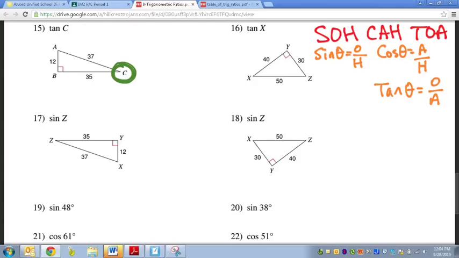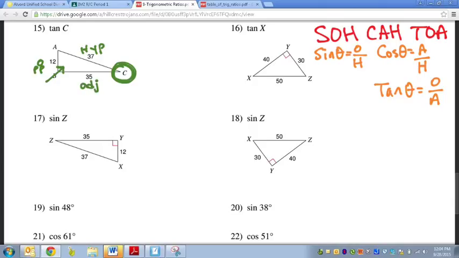I always like starting with the opposite, so this is the opposite side, 12, because it's the farthest away from C. The next easy side to find is the hypotenuse. The right angle always points to the hypotenuse, so 37 is the hypotenuse. Then the adjacent side is the one that's left over, 35.